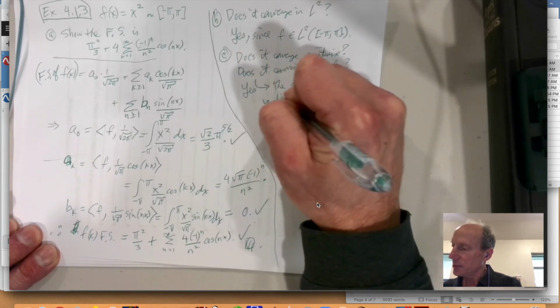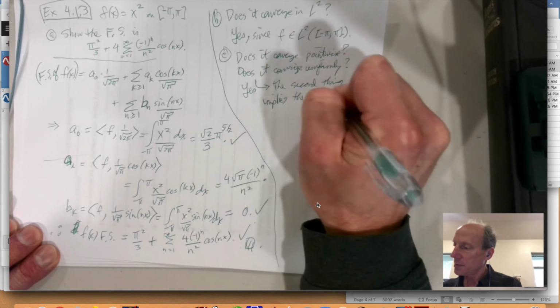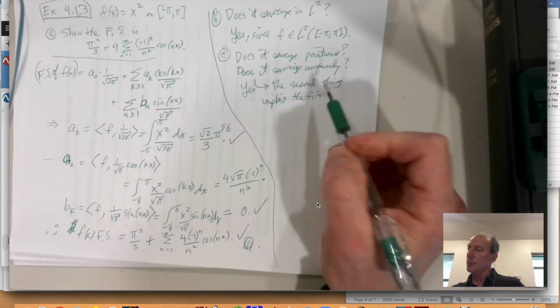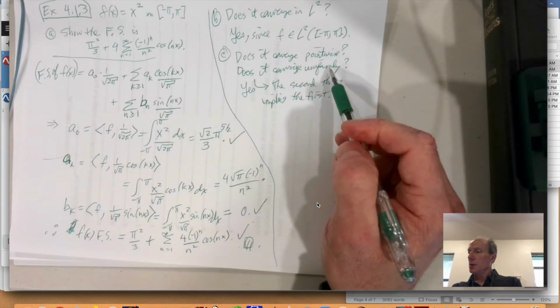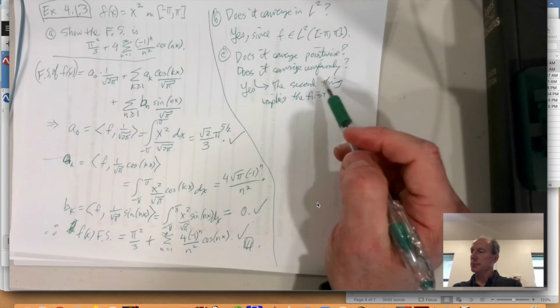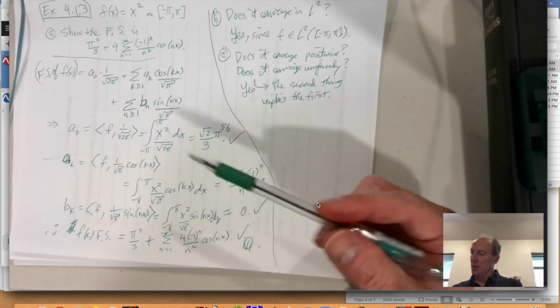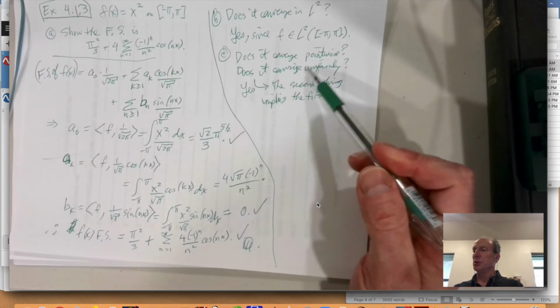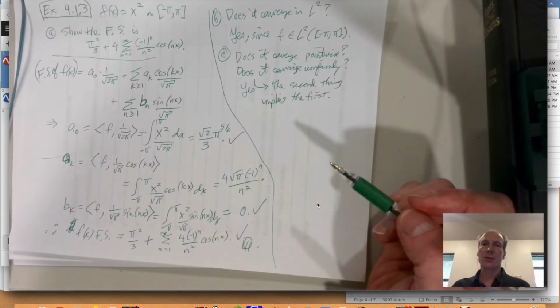The second thing implies the first, by the way. Because if it converges uniformly, then the partial sum is a continuous function, and the uniform limit of continuous functions is continuous.